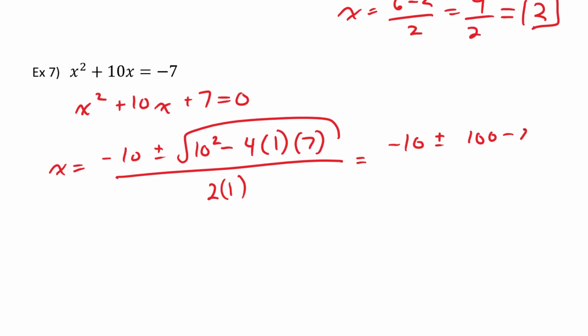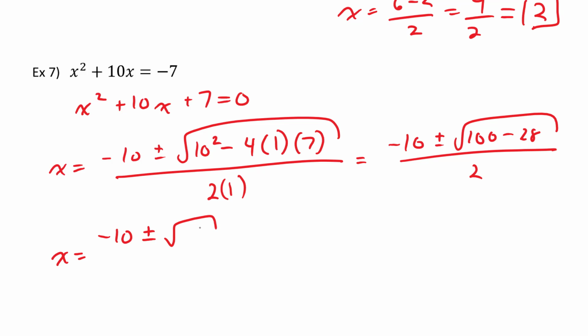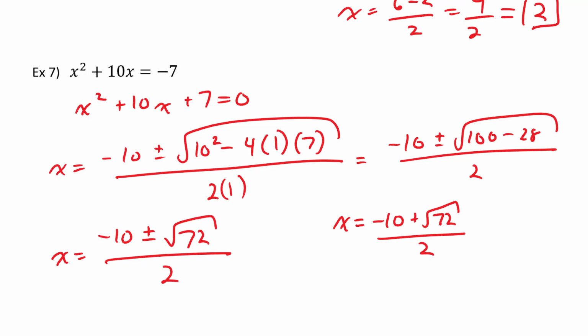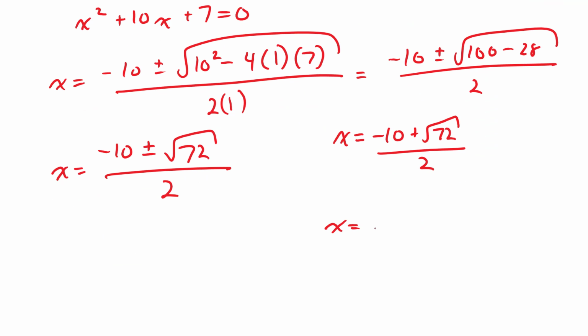Negative 4 times 7 is negative 28. The square root of 72 is not a whole number, so I'm going to write this as x is equal to negative 10 plus square root 72 over 2. And I'm going to write this as x is equal to negative 10 minus the square root 72 over 2. We'll work that out, solve for 3 significant digits.